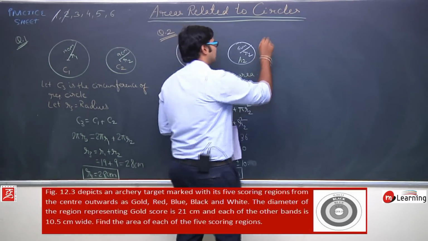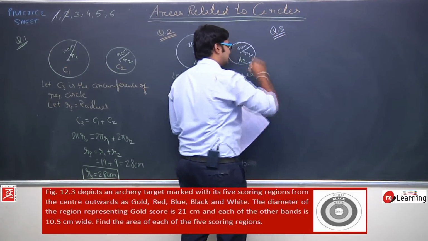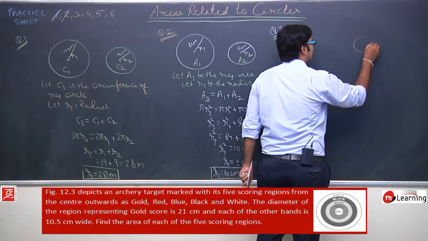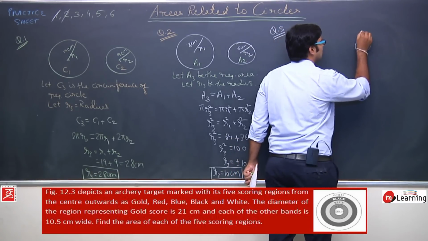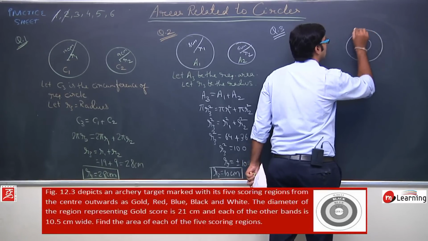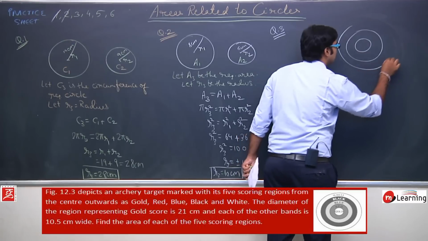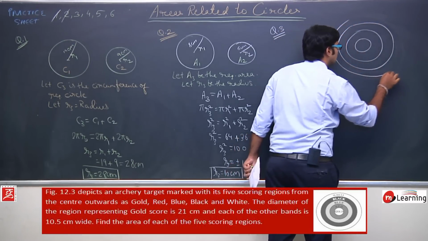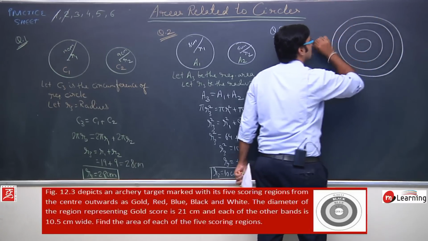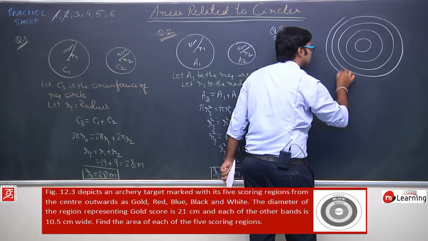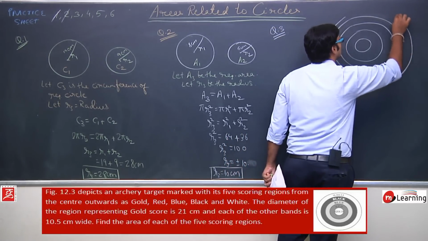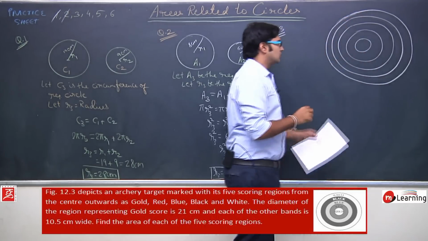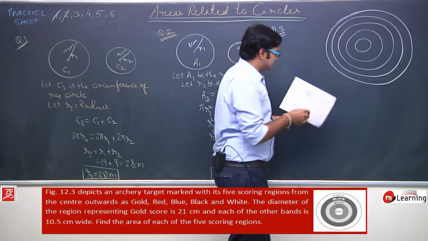Okay, so in question number 3, what it says is there is an archery target like this. So it has 5 regions.